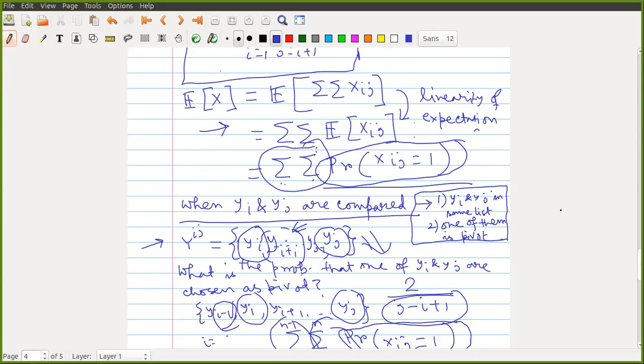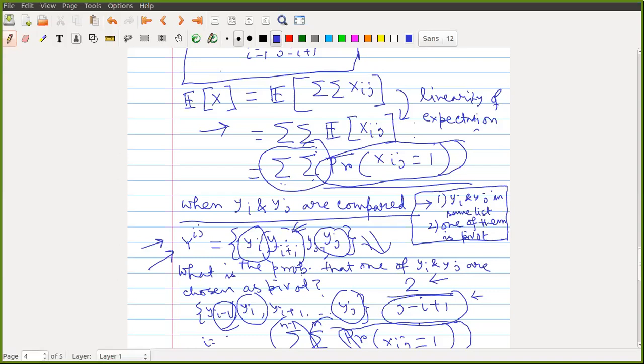Since we are choosing pivots randomly, the total number of elements in this list is j minus i plus 1, right? And there are two favorable cases, when either yi or yj is chosen as pivot. So the 2 is coming because of this, and this is the total number of elements.